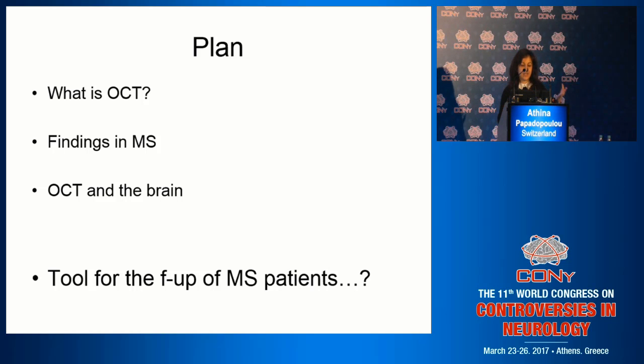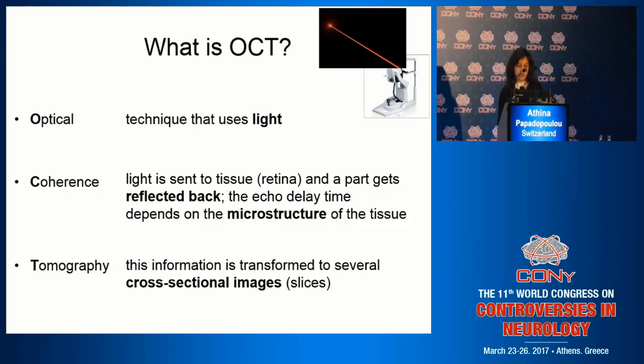So I guess that at the end, the prominent speakers will concentrate on the potential role of OCT as this biomarker of disability, and probably early at disease onset. And my role will be to introduce you to OCT and what the typical findings in multiple sclerosis are. So we start with the question, what is OCT?